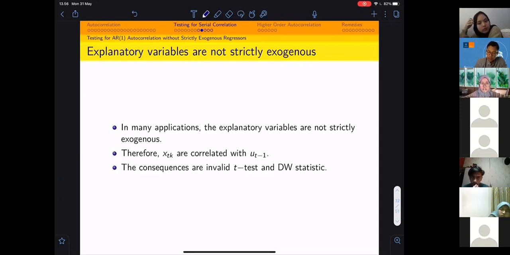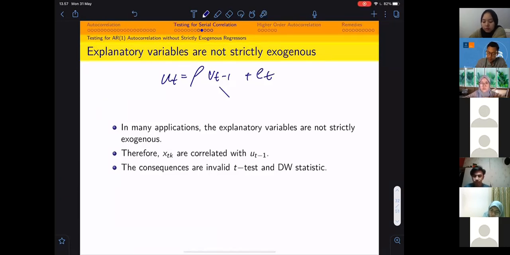If you recall, the estimating equation is the following. If there is a correlation between the regressors and the error terms, which is due to the relationship between u_{t-1} and x_t, this means that the rho hat and the t statistics are going to be invalid.